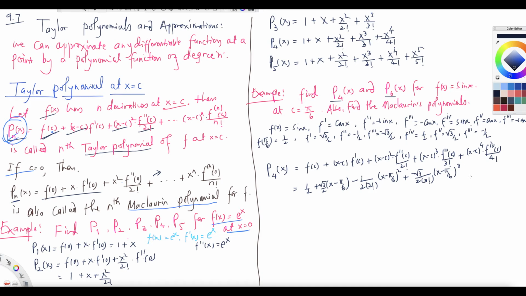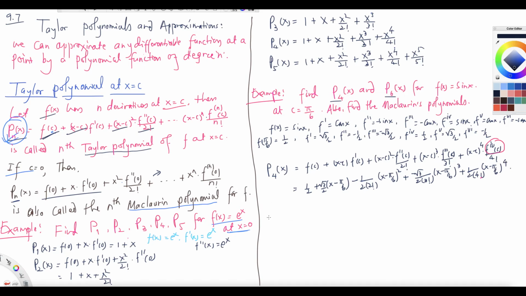Plus, that is the fourth derivative. What is the fourth derivative? 1/2 again. 1/2 times 4 factorial, because this quantity is 1/2 and the division by 4 factorial is still there. So that's why I wrote 4 factorial. And then times (x minus pi over 6) to the fourth. Okay, that is the end.